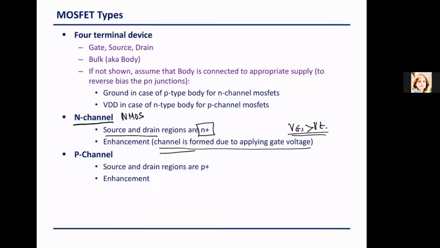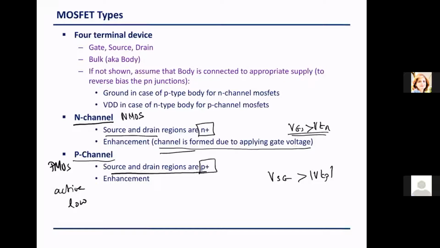And then the other type, the PMOS, which we said is active low. The source and the drain are P plus regions, and the channel forms when VSG is greater than the magnitude of VTP. Okay, great.